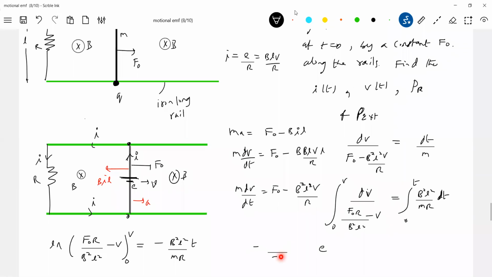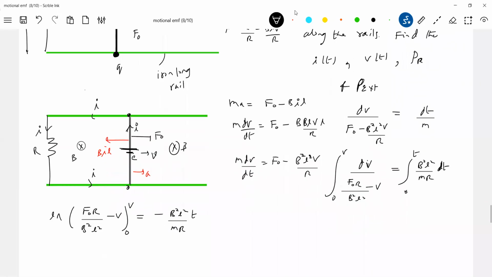And I'll write one more step. Log of, this will be F naught R, log of F naught R by B square L square. Let me write that lambda. This all, everything is lambda.